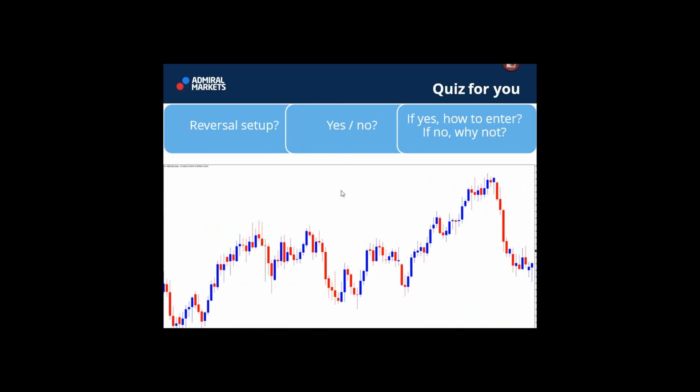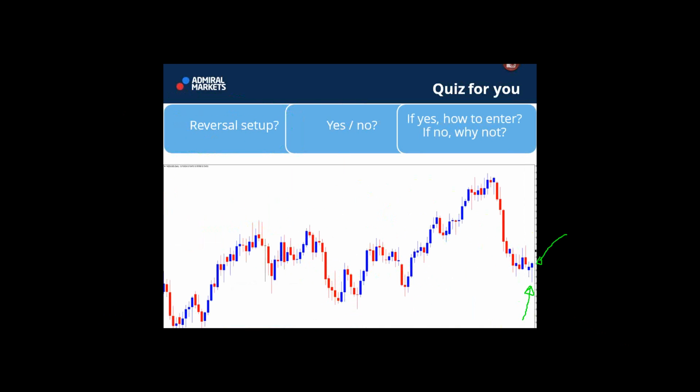All right, folks. Are you ready for a quiz like last week? All right, quiz for you. Right here, the last bar, with everything we discussed so far, is this a reversal setup? Yes or no? I'm going to put a green circle around the bar, or a green arrow below it. And I'll put a green arrow from the side, so you know which one.